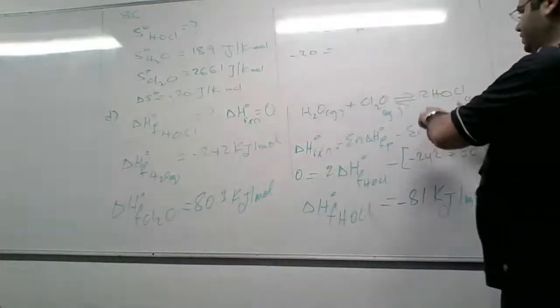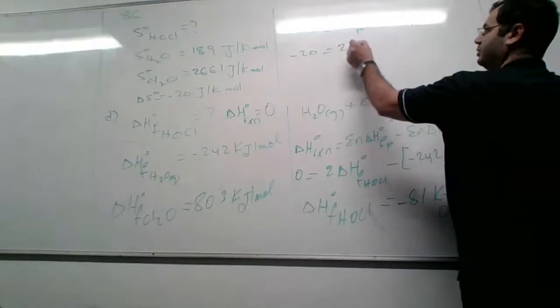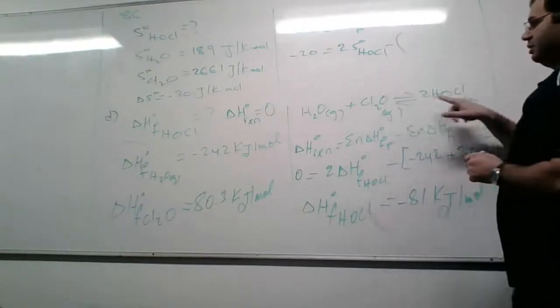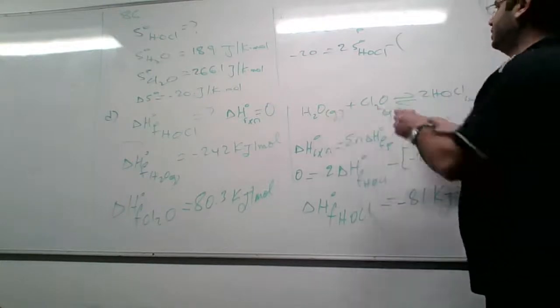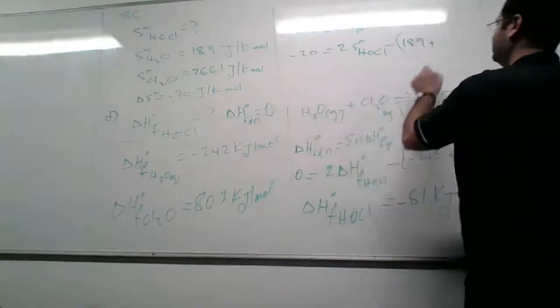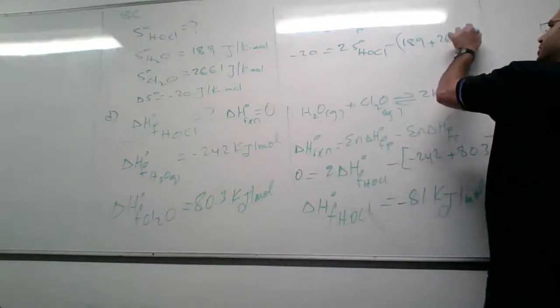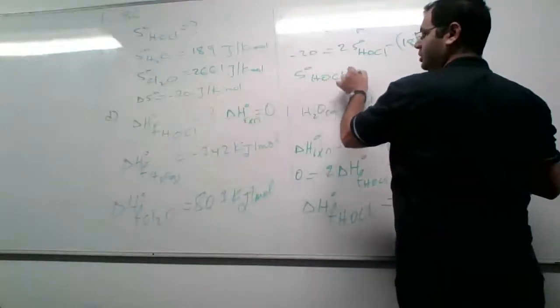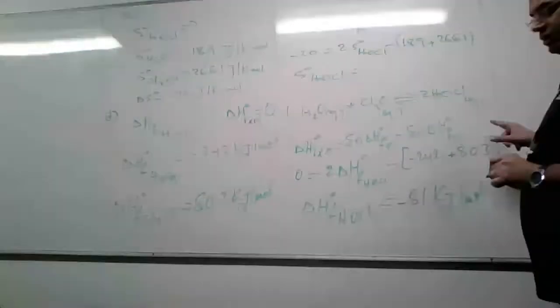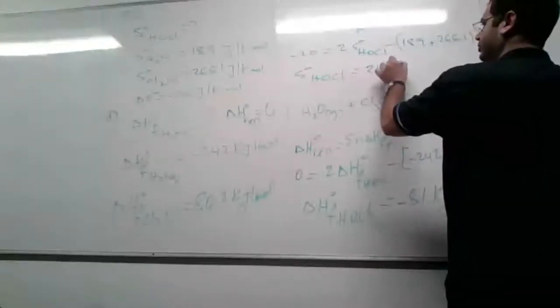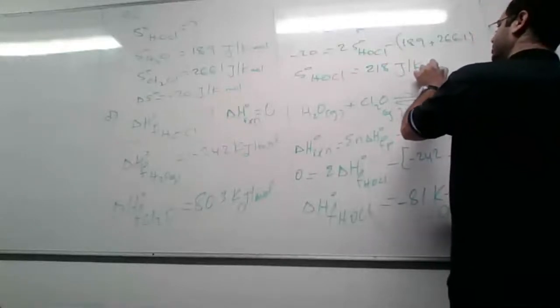For the product you have HOCl, which is unknown, minus the one for water, which is 189, plus the one for Cl2O, 266.1. And then you get this for HOCl, which I'm looking for, equal to 218 joule per Kelvin mole.